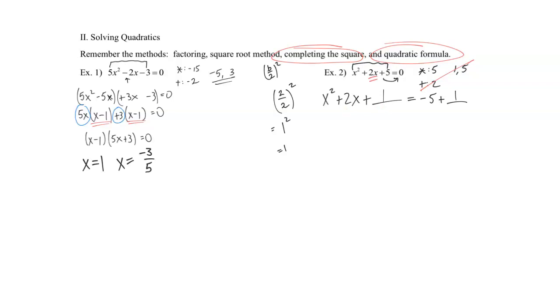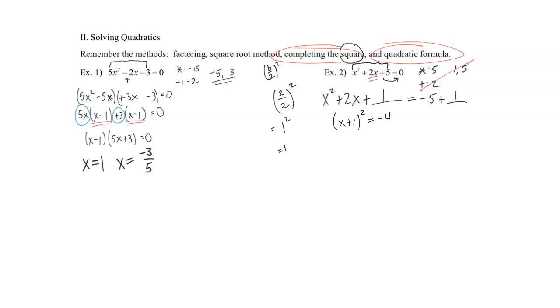So numbers that multiply to 1 and add to 2 would be positive 1 and positive 1. So that would be x plus 1 times x plus 1, or another way to say that would be x plus 1 squared. And that's why it's called completing the square. Isn't that clever? All right, the right-hand side is now going to reduce to negative 4.